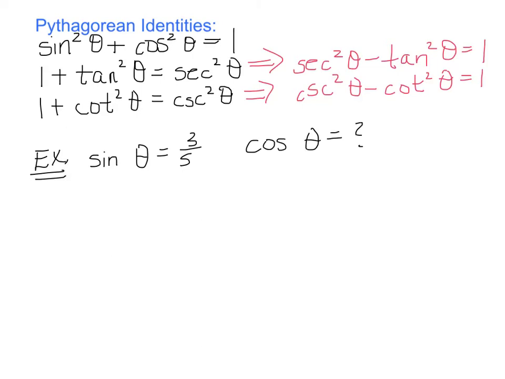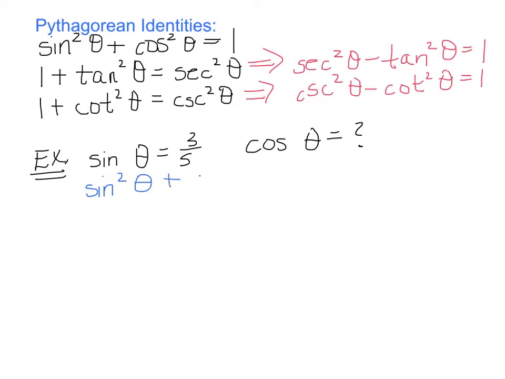And see, we really couldn't use those other identities because we only have one trig function. You could find it by drawing a triangle. That's another way you can do it. But if they ask you to use the Pythagorean identity, then you have to use one of the three above. And so, since we have sine and we need cosine, it's best if you use the first one. So it depends on what they give you.